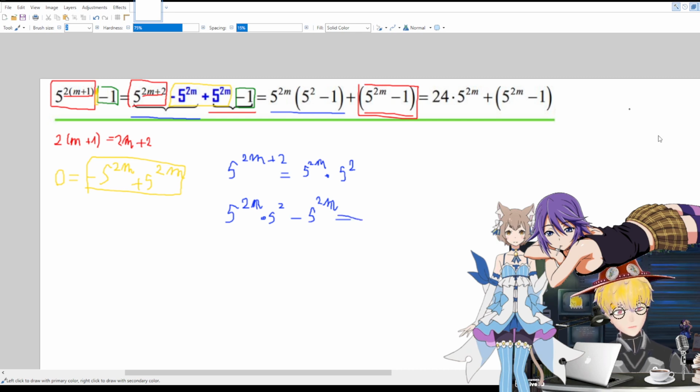equals, and we can notice in this newly written expression 5 to 2m and 5 to 2m. We can simplify it by just taking this out of the bracket. So we write 5 to 2m, and in the bracket we write what's left.